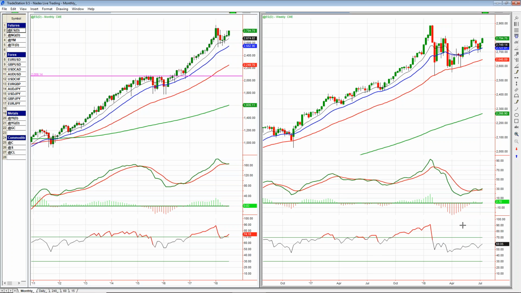Now right here, just looking at the charts as far as the indicators are concerned, we've got higher highs on the indicators as well, and as the pullback occurs, we also get a pullback on the indicators, which is fine. As we set up that flat level, you can see that there's a flat level here along with the indicators, and that's all fine. That just means that the indicators are moving in sync, or they're just mimicking what the price action is doing, and that's exactly what we want to see.